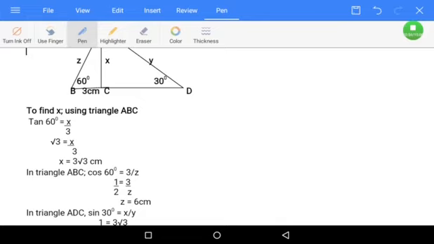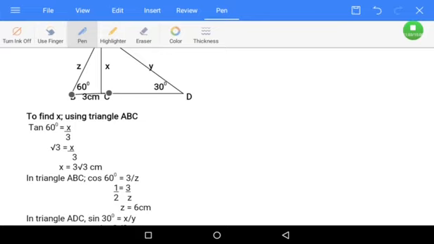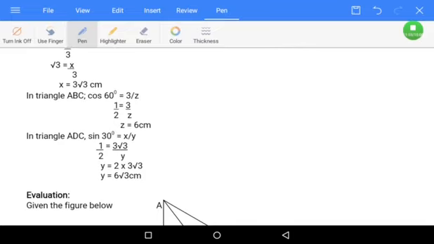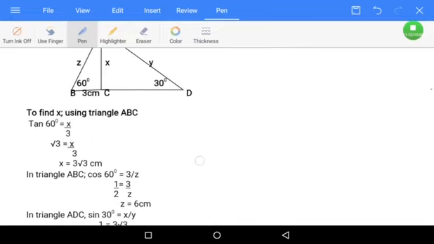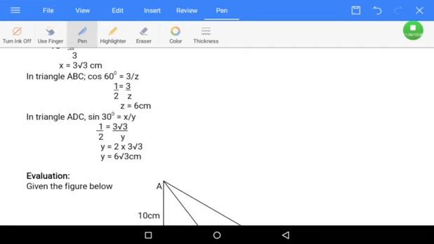Z is the hypotenuse, and BC is adjacent. Because we have x, we can also use sine. We can also use cos as well, because we have z and because we have 3. So if you want to use cos, what's cos 60? Cos is adjacent over hypotenuse. So cos 60 is 3 over z.